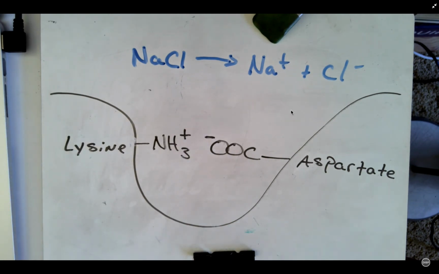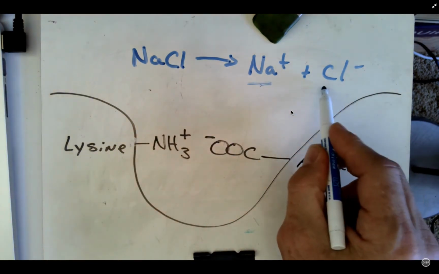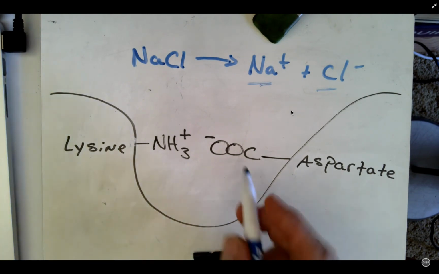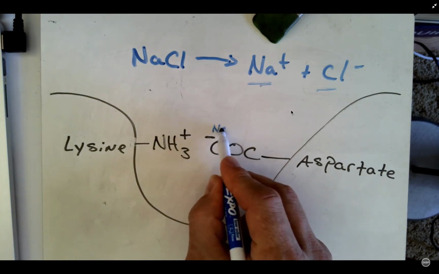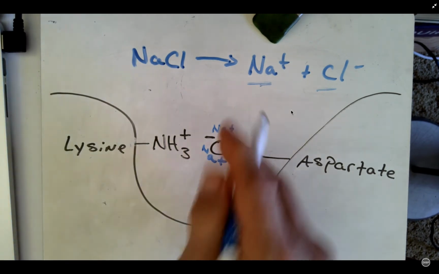Now, if we add a bunch of salt to the solution in which this protein is dissolved, let's say sodium chloride breaks down into these sodium ions and chloride ions, what will eventually occur is all of the positively charged ions will circle this.